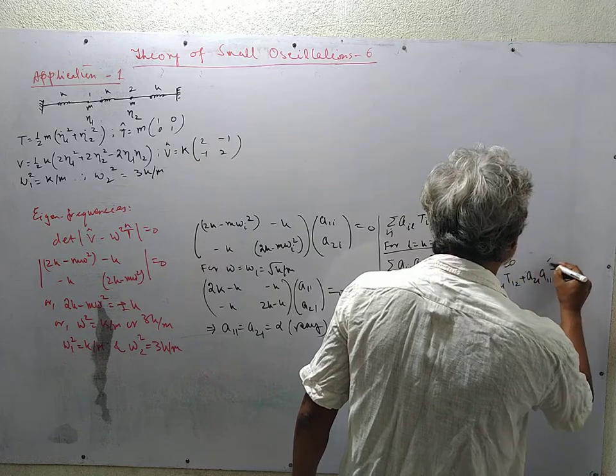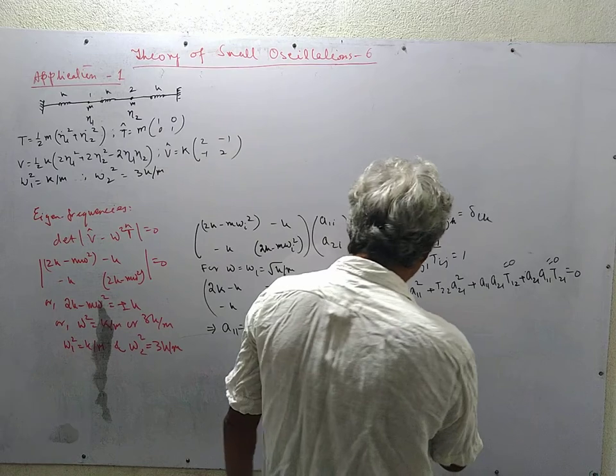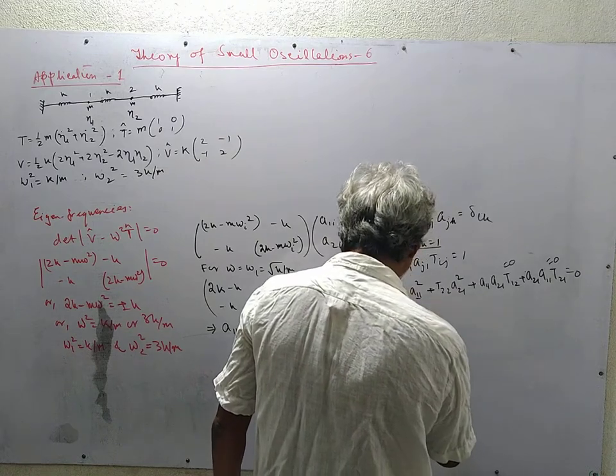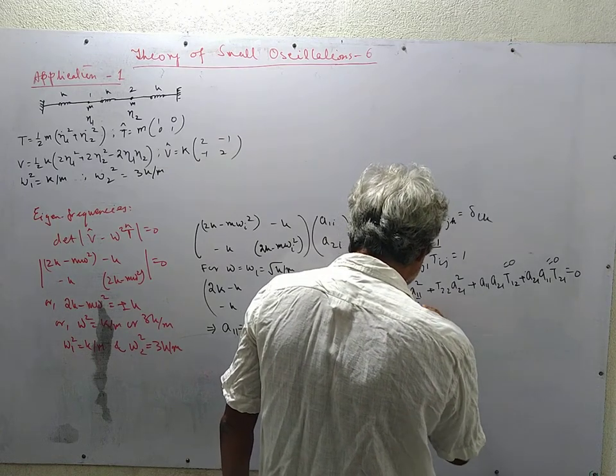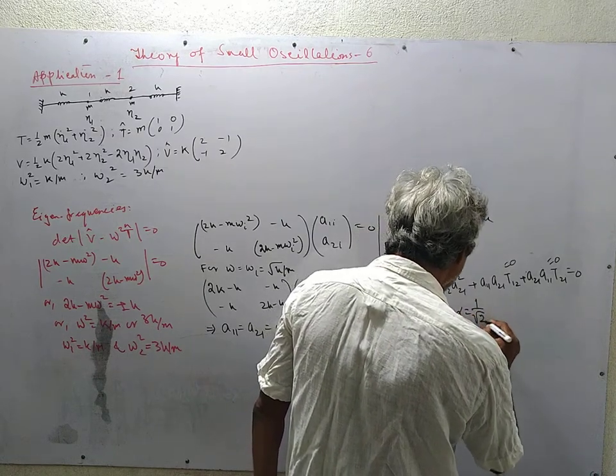This is 0, this is 0. So simply this is m, this is m, and this is alpha and alpha. So 2m alpha square is equal to 1, or alpha is equal to 1 upon root 2m.